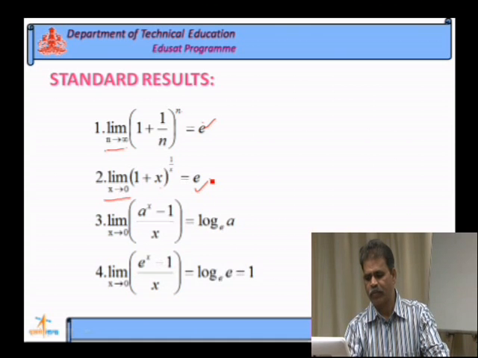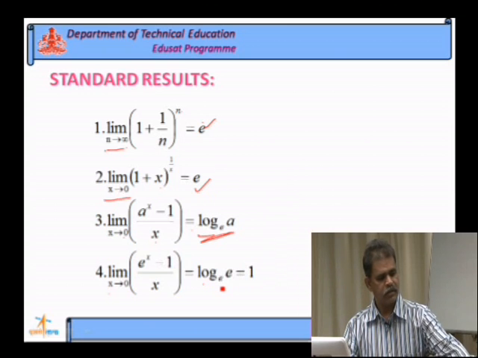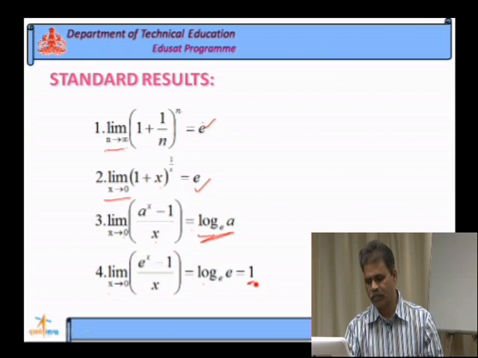The limit of a to the power x minus 1 divided by x as x tends to 0 is always equal to log of a. The limit of e power x minus 1 divided by x as x tends to 0 is log of e when the base is e. Therefore, when they have the same base, it will become 1.